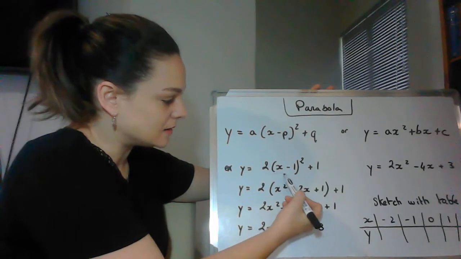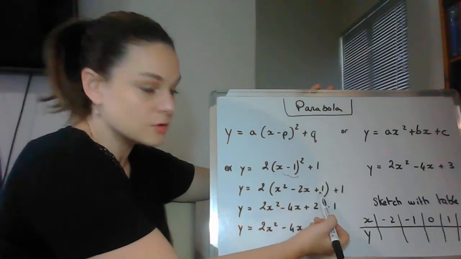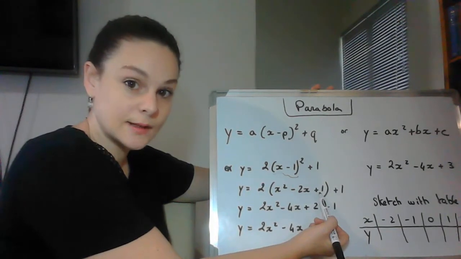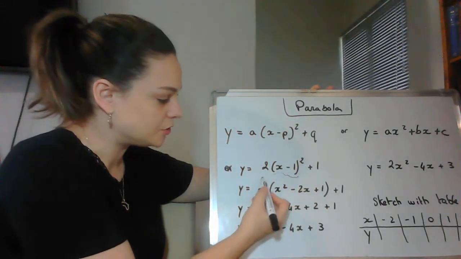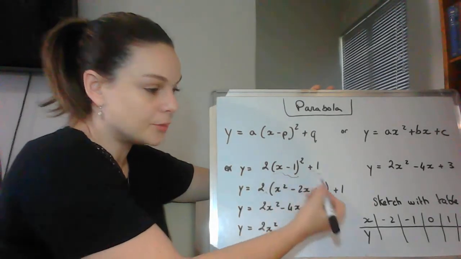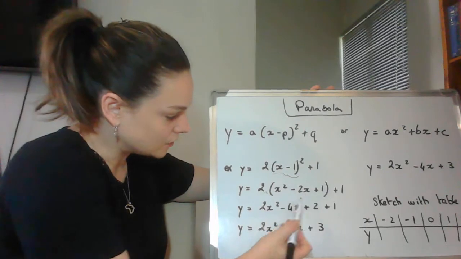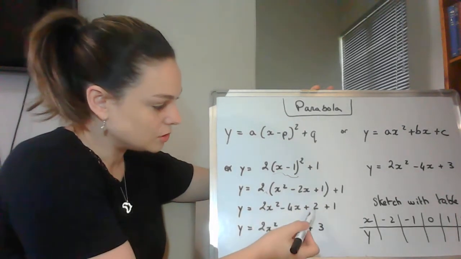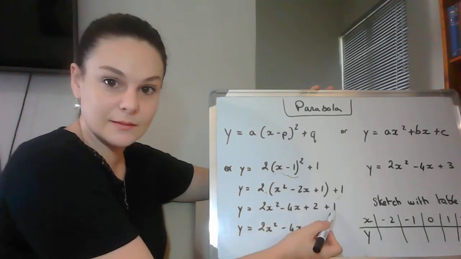So this bracket squared gives me x squared minus 2x plus 1. Right, now I'm going to have the priority on the multiplication, so I distribute the 2 into the bracket. That will give me 2x squared minus 4x plus 2. And I still have that plus 1 at the end.